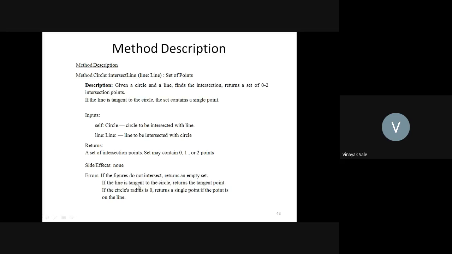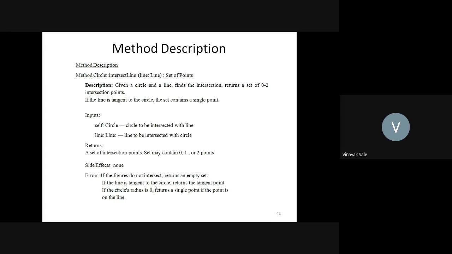If the line is tangent to the circle, return the tangent point. If the circle's radius is 0, then return a single point if the point is on the line. So you should take these precautions while writing a program.